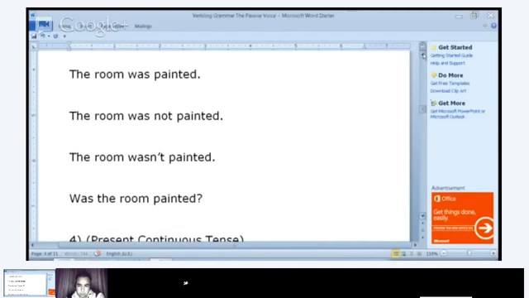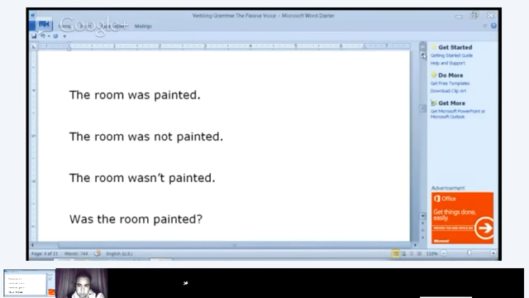You can say to yourself, which one sounds better to you depending on the situation? So, did someone paint the room, or was the room painted? I know that there's not necessarily a big difference in those two sentences, but in some situations, one sounds better than the other.